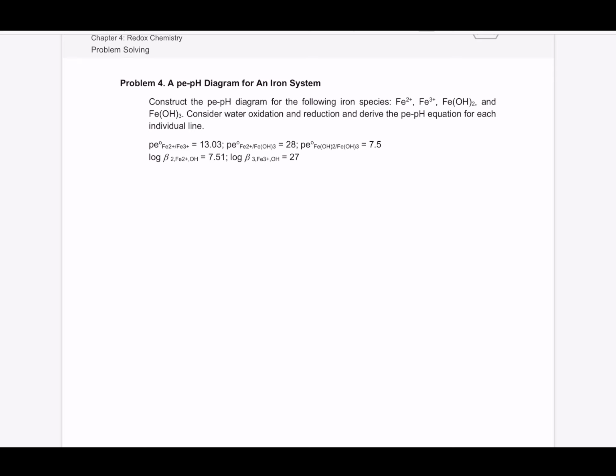So let's focus first on what kind of redox reaction we expect and what kind of complexation reaction we expect. The best way is to always start with the species. Here we have Fe2+, Fe3+, and Fe hydroxide. And now let's look at the oxidation number.